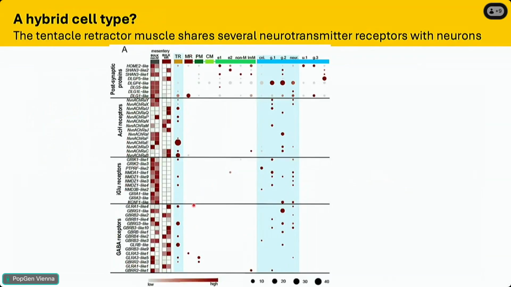What you might notice is it's expressing quite a number of different receptors. Almost none of them are expressed in the other muscles, but many of them are shared with different kinds of cnidocytes and neurons. So again, this makes it phenotypically almost like a hybrid cell type between a muscle and a neuron. Yeah, very peculiar.